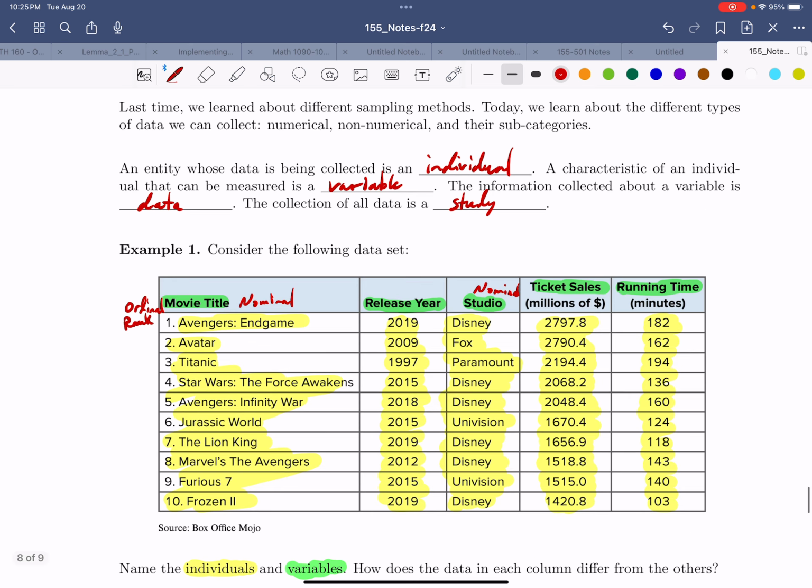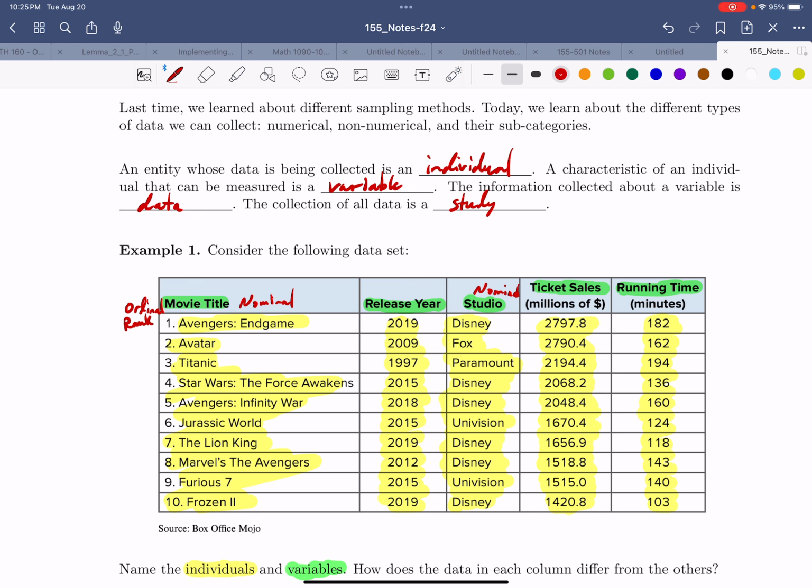So in example 1, for example, the release year is actually interval level data, right? The years, there isn't a year zero, but even if there were a year zero, it wouldn't mark the beginning of time, right? So this is interval level data. But both ticket sales and running time are ratio level data. And that's much more common.